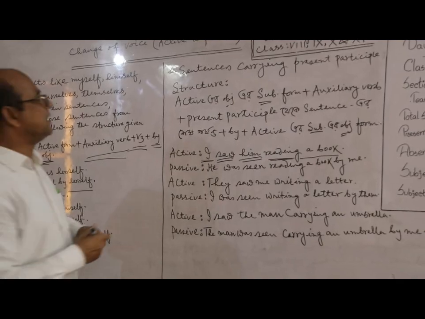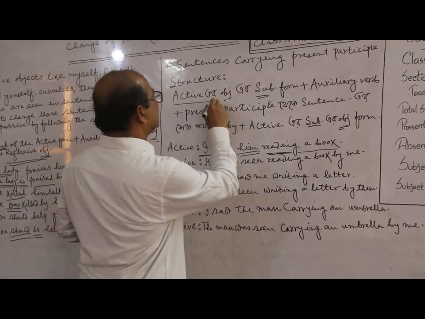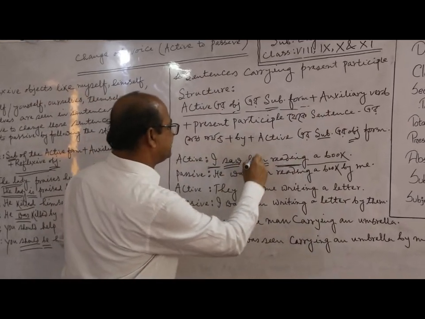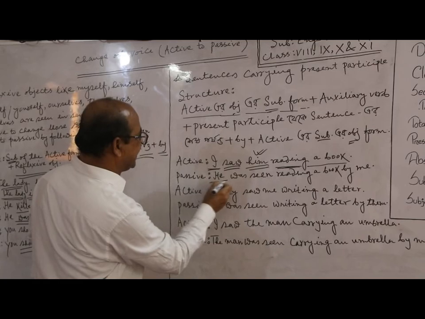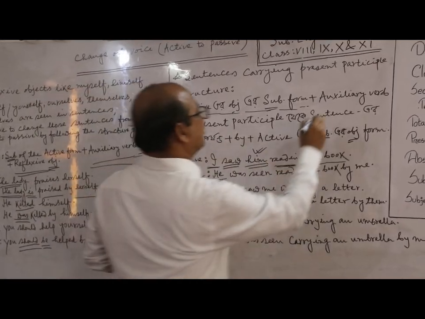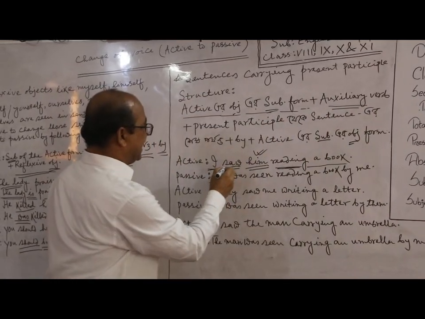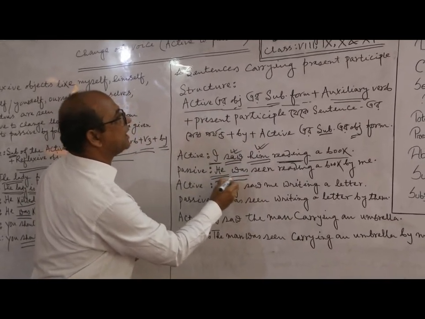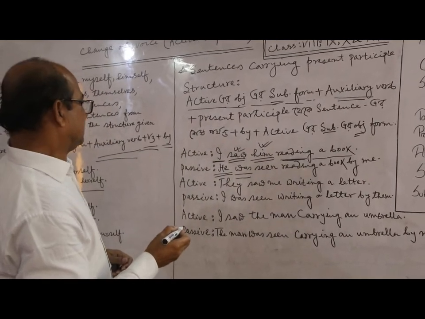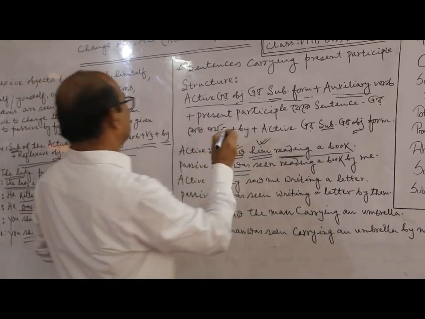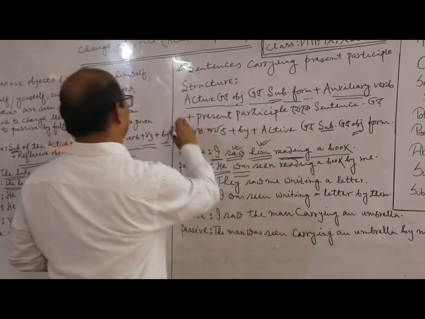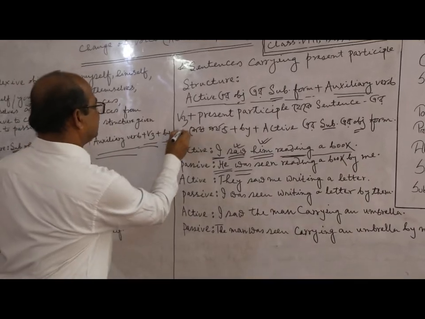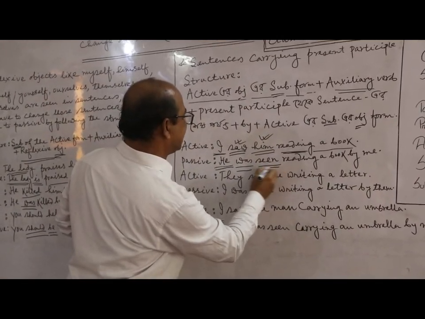I am showing this. I have written active objective in subjective form. That means active objective form him, he theke he. Then auxiliary verb, as the verb was given in first form, I have used here was. Next, V3. I mean, seen.